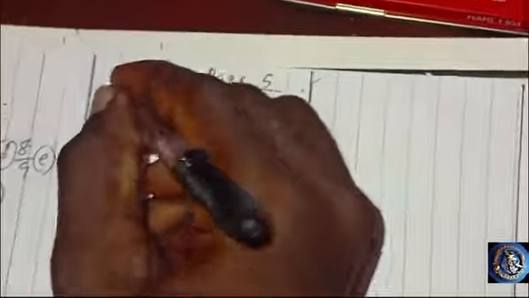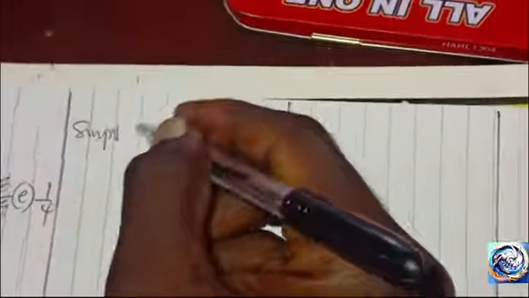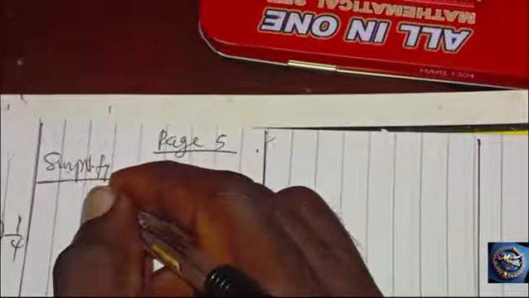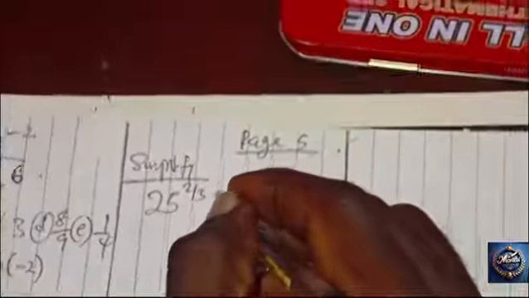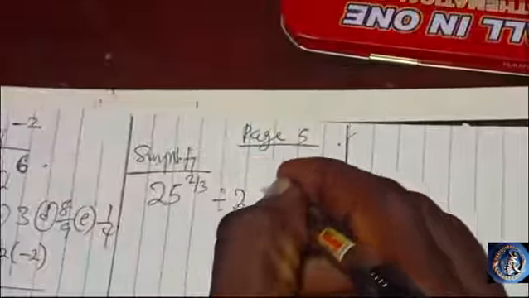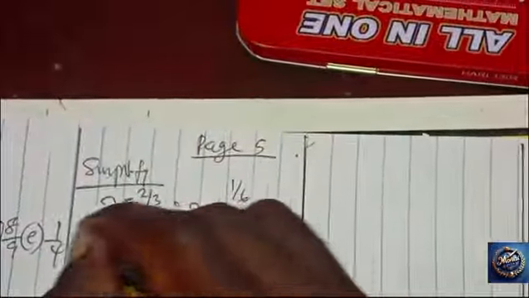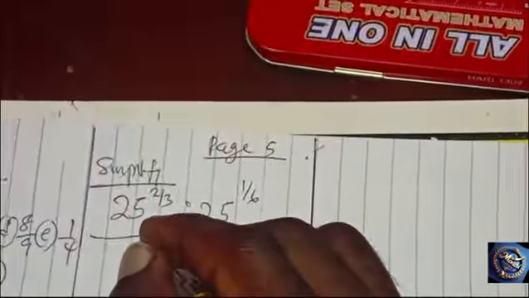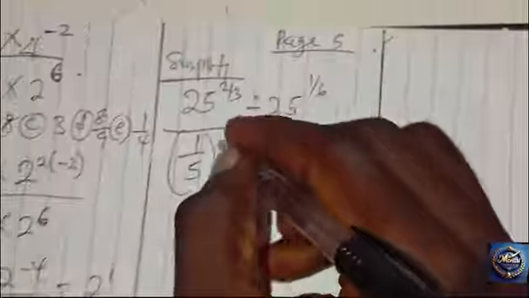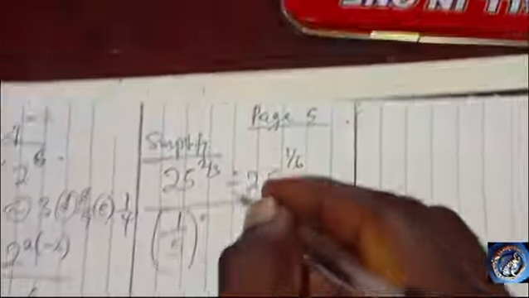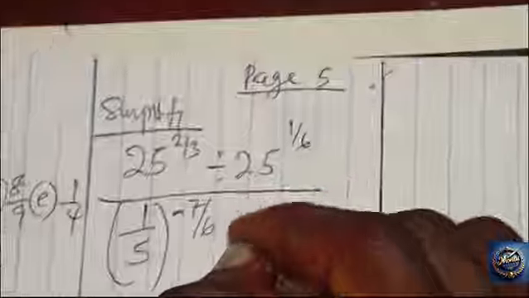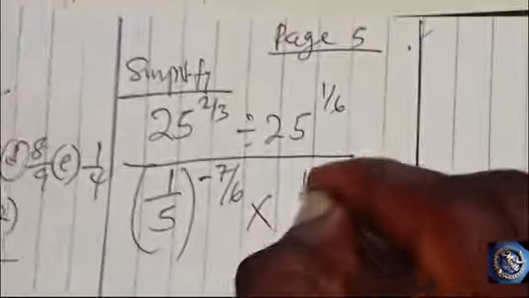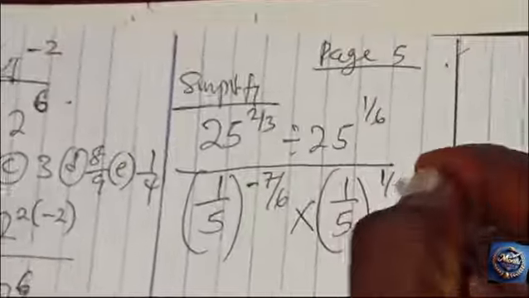It says simplify 25 raised to power 2 over 3 divided by 25 raised to power 1 over 6, everything all over 1 over 5 to the power of minus 7 all over 6 times 1 all over 5 to the power of 1 all over 6.